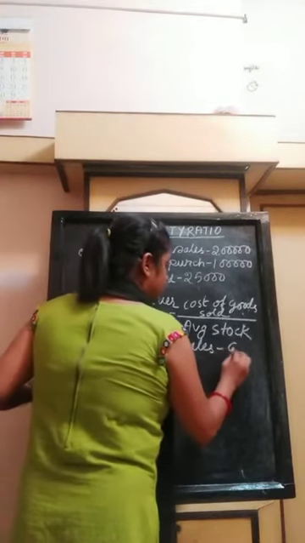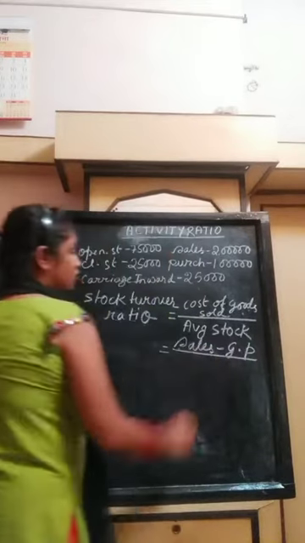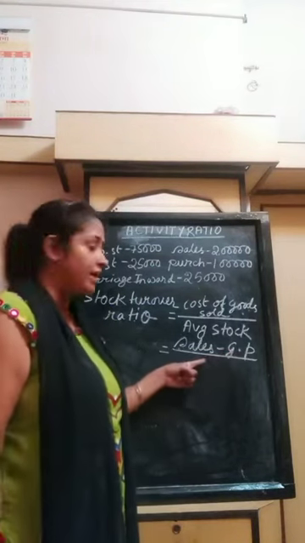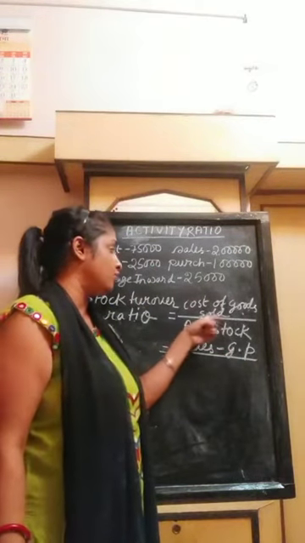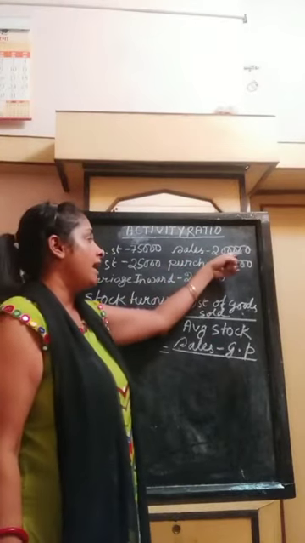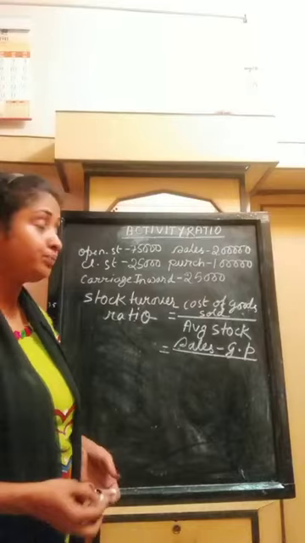Sales minus GP, that is sales minus gross profit, is the other name of cost of goods sold. In this sum, sales is given to you, 2 lakh, and gross profit is not given to you.